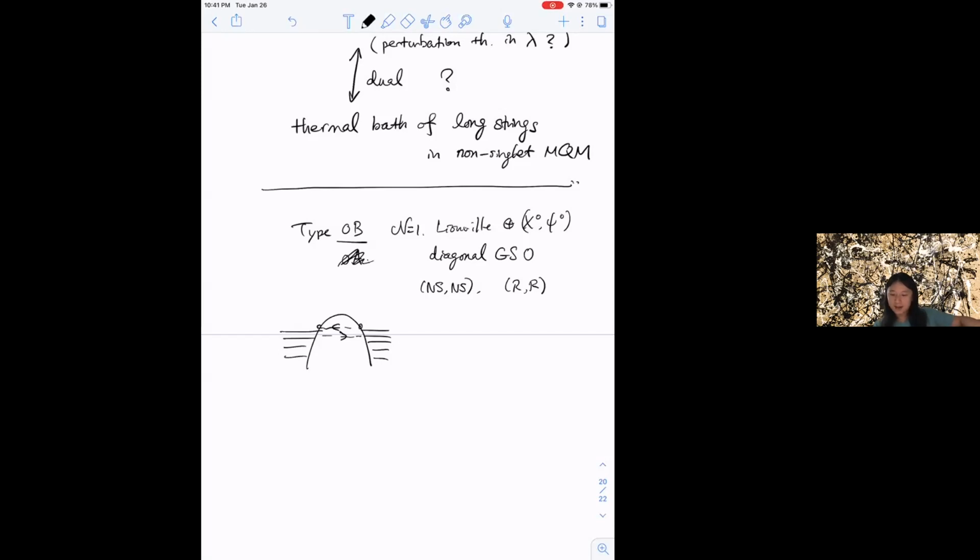But actually, this conjectured duality has not even been checked at tree level 4-point amplitude. So we're actually going back to check the tree level 4-point amplitude at the moment. That requires some new work: one has to implement this recursion relation for the N=1 super Virasoro conformal blocks, which has so far been successfully implemented.